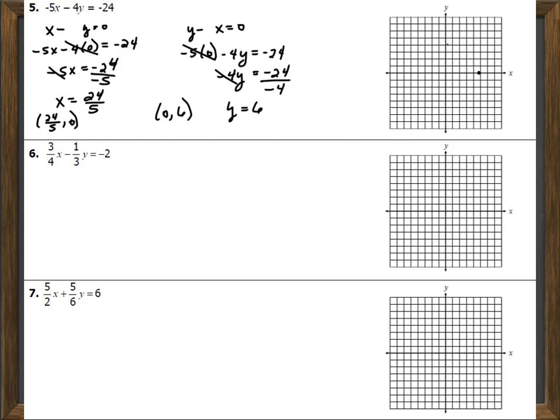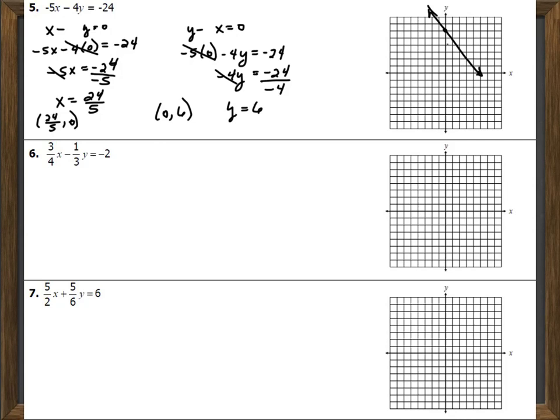Okay, so that one was at 6. Okay, so there we go. Having trouble getting the point on there. Okay, so there's the line. Okay. So that is number 5.